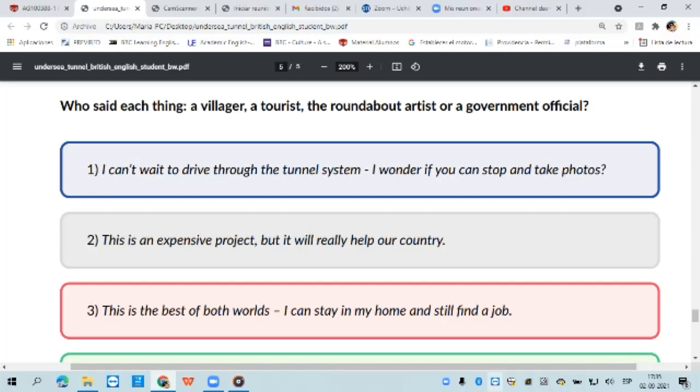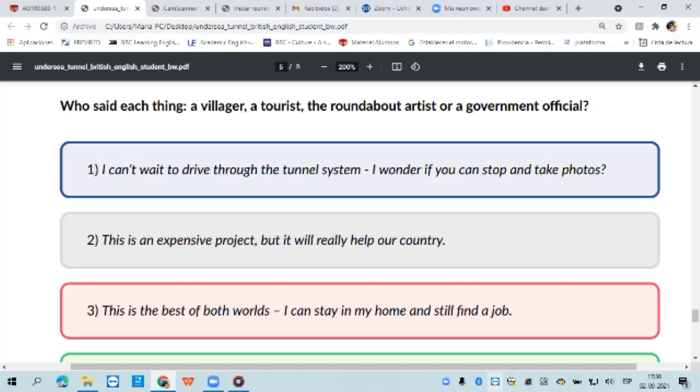He can't wait to drive through the tunnel, and he visits this place. Yeah, he's very interested in taking photos particularly, right? Good. Let's see, drive through, Pablo. True, okay. Through, right, good.